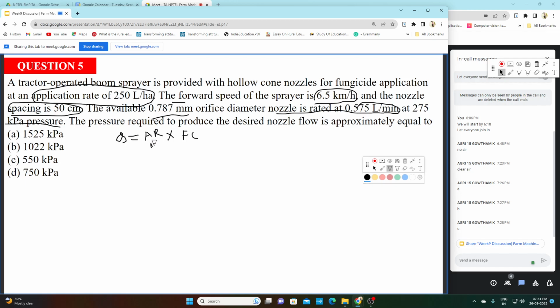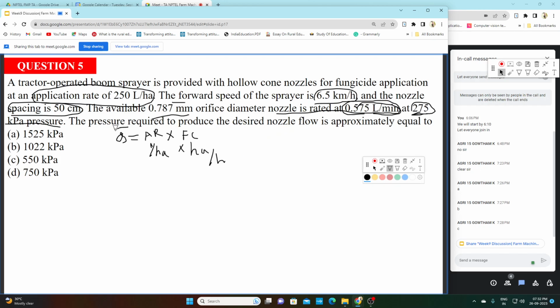Application rate in liter per hectare and field capacity in hectare per hour. If we do this, we can get our nozzle flow rate at this pressure, that is 275 kilopascal. Sorry, this nozzle flow rate 0.575 liter per minute corresponds to 275 kilopascal.